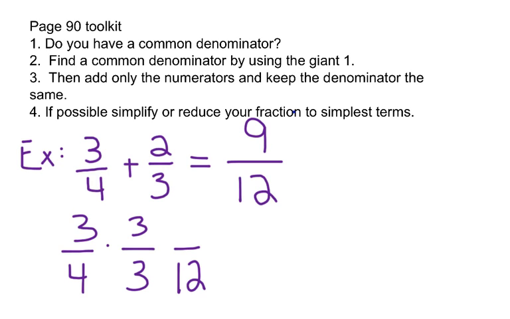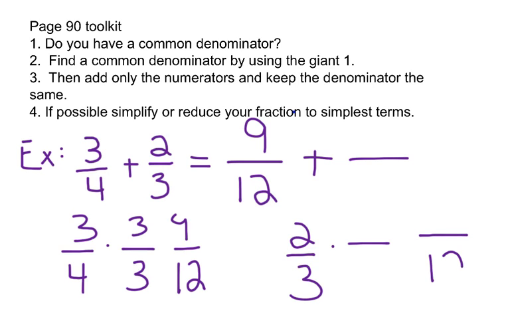That's the new fraction. Plus, and I have to do the same thing with 2/3. So I have 2/3 as my original fraction, and I'm going to multiply it by some giant 1 to get a new fraction that's equivalent to something out of 12.